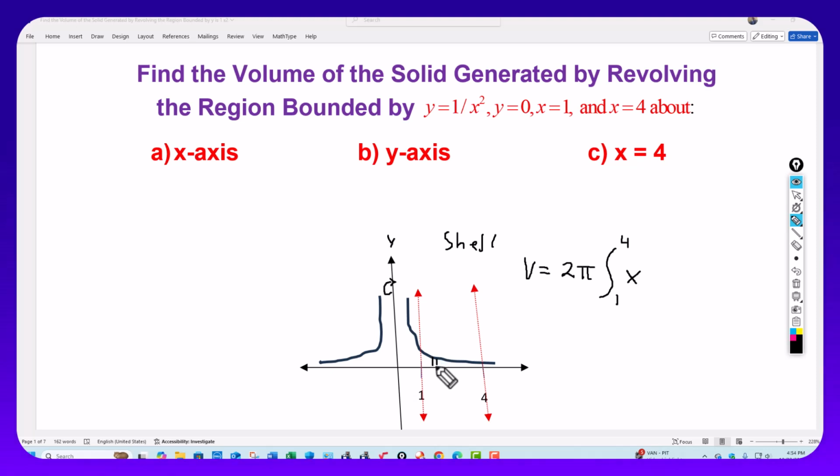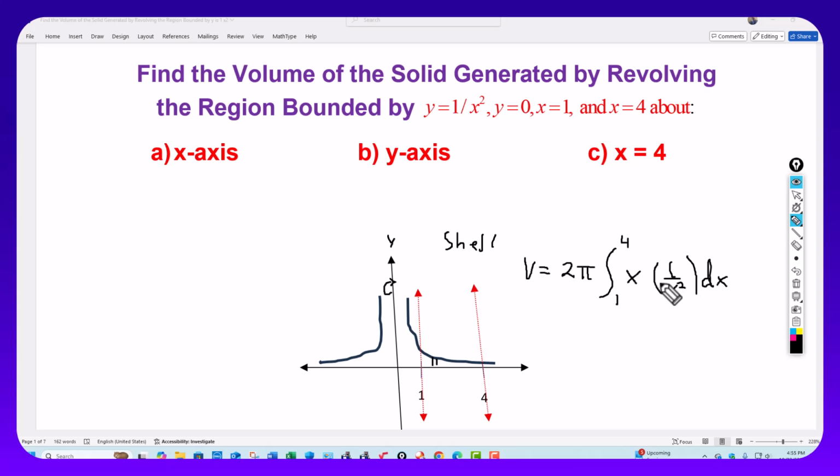And then the height, h in the formula, or the length of the strip, would be the function, which is 1 over x squared. And the thickness would be dx. If it was the other way around, it would be dy.